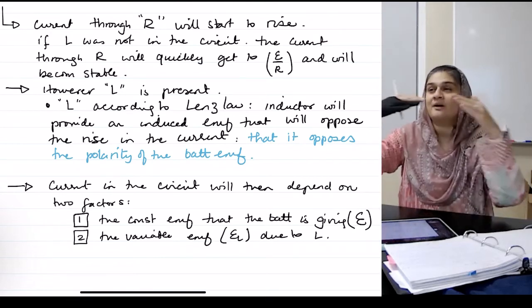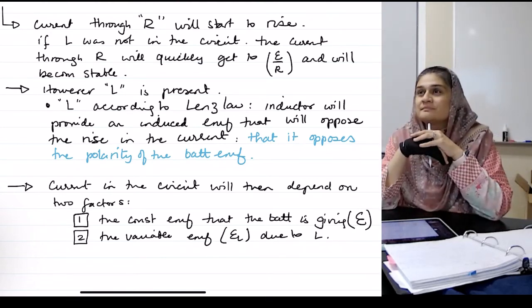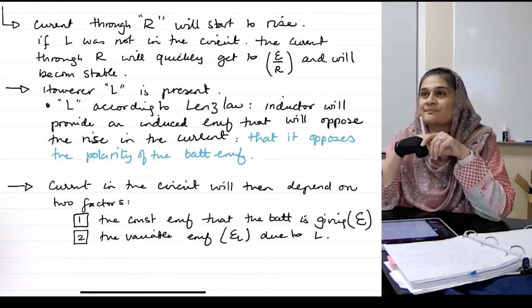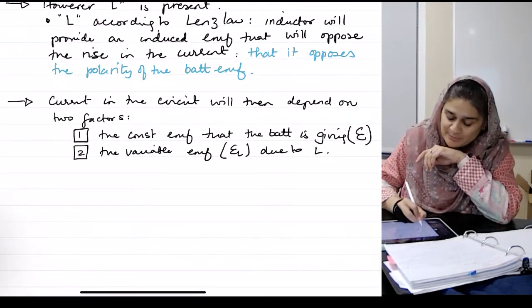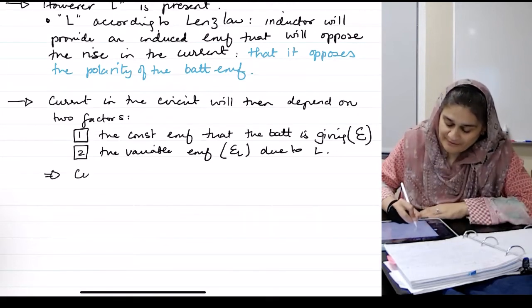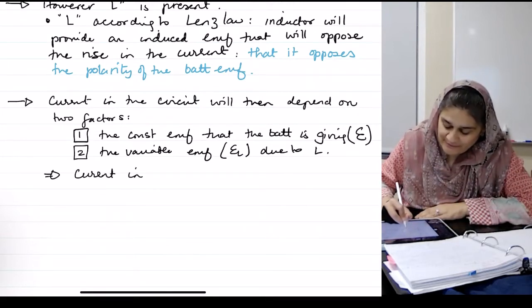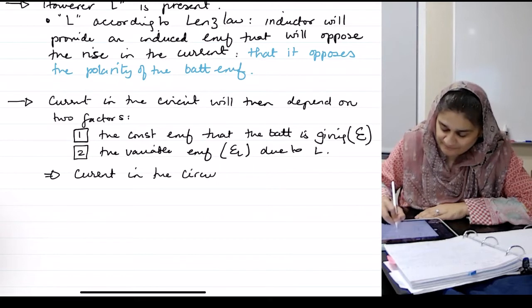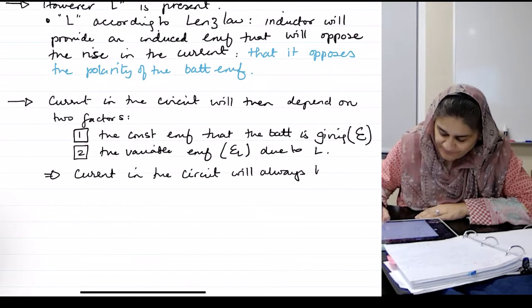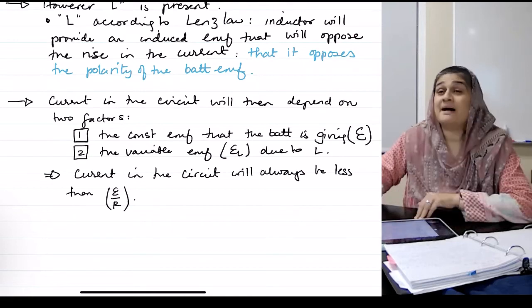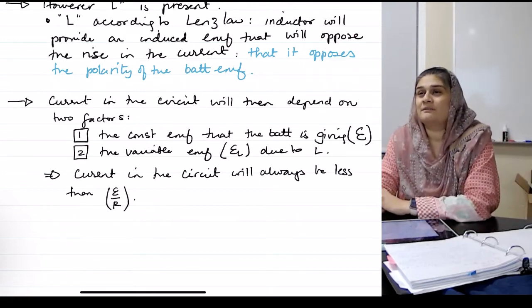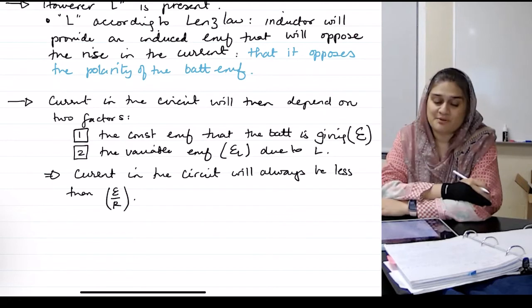Right? And they're both opposing each other in the charging case, right? So, which implies that the current in the circuit will always be less than the max current that is E over R, right? Because you always have EL that is opposing it.